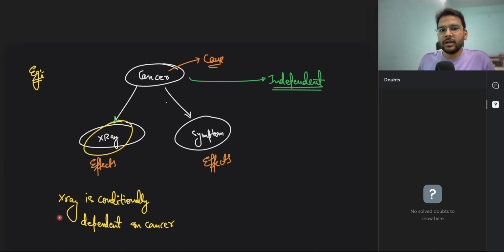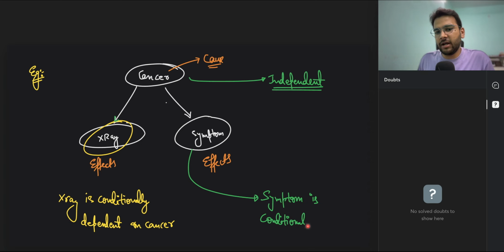Okay. Let's say we talk about this symptom. Can I say there is an incoming edge to symptom also from cancer? So the same thing I can say for this one also, that symptom is conditionally dependent on cancer. Are you getting this point or not so far? Is it clear? Crystal clear?